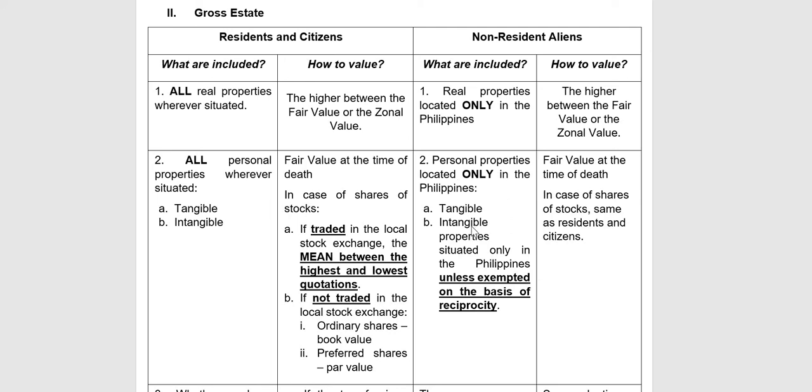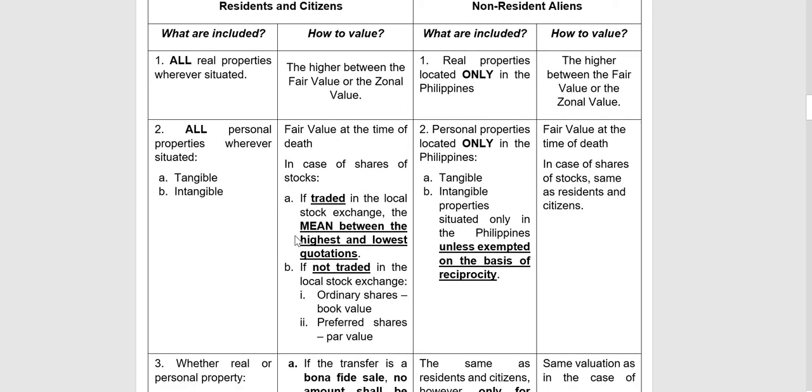Okay. So for resident citizen, we have tangible and intangible. Tangible and intangible included sa gross estate, how to value. If tangible properties, pag tangible siya, fair market value at the time of death.